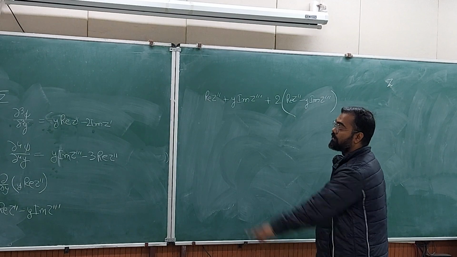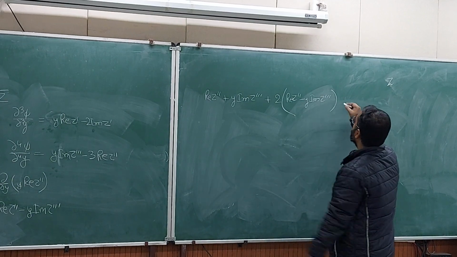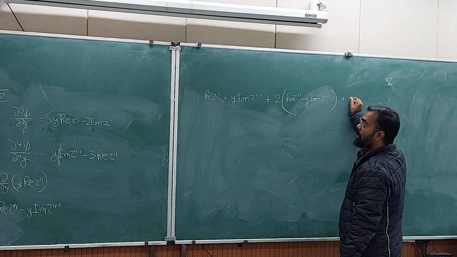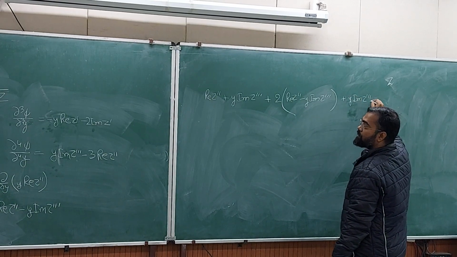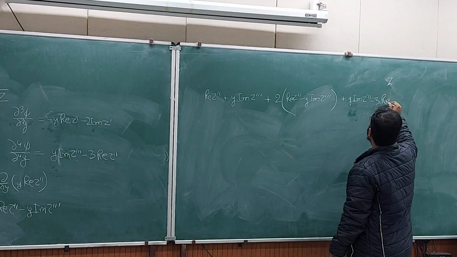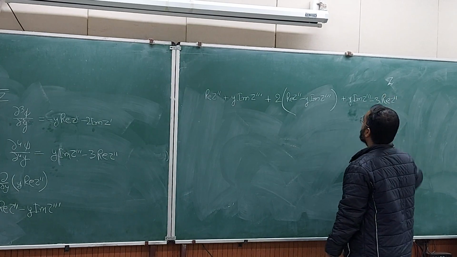I need this one. Yes. So this is y imaginary part of z triple dash minus 3 into real part of z double dash.